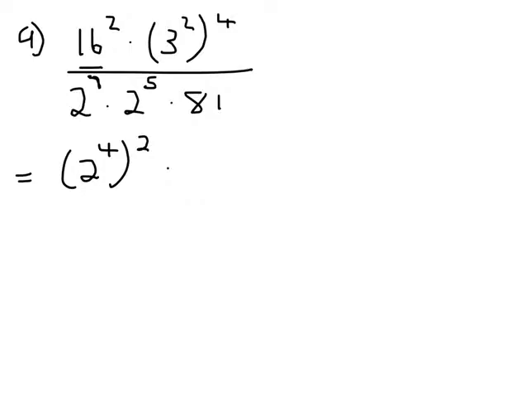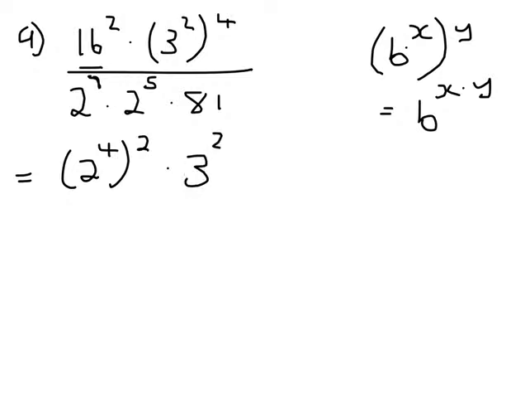Now, based on that law where if you have a base to the exponent of x raised to another power, this is the same as taking that base and multiplying those exponents. It is the same law that I'm going to apply here, where I have that 3 and it is that 2 that multiplies the 4. Can you see I've applied that law? Here I already have 2 as the base.